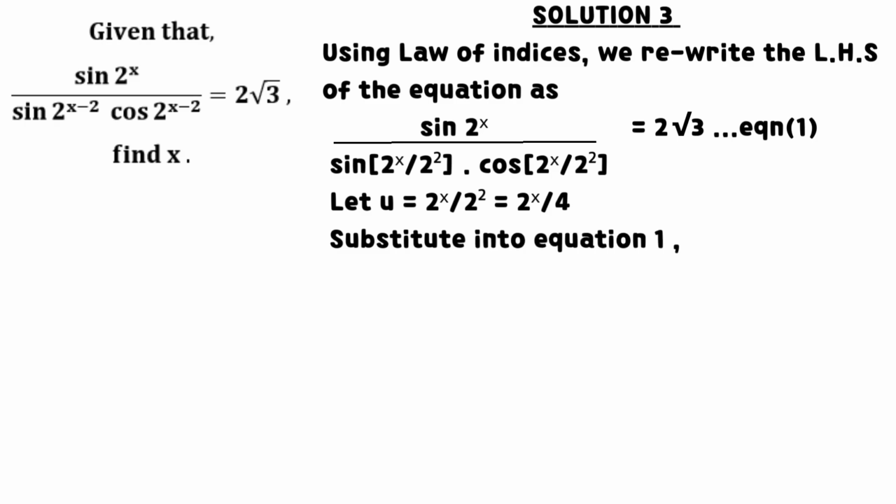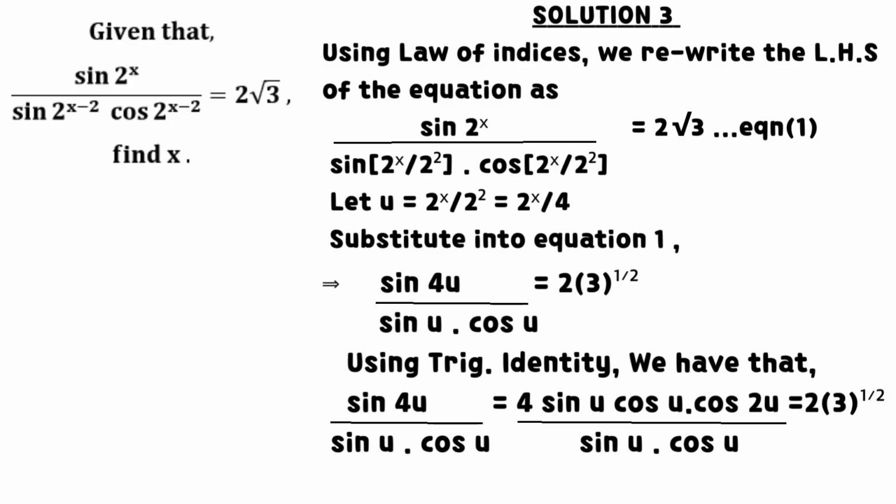This implies that sine 4 times u divided by sine u times cosine u equals 2 times the square root of 3. Using trigonometric identity, we have that sine 4 times u divided by sine u times cosine u equals 4 times sine u multiplied by cosine u times cosine 2u, all divided by the product of sine u and cosine u, equals 2 times the square root of 3.